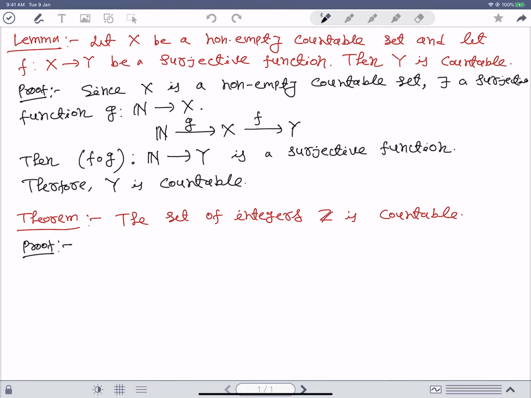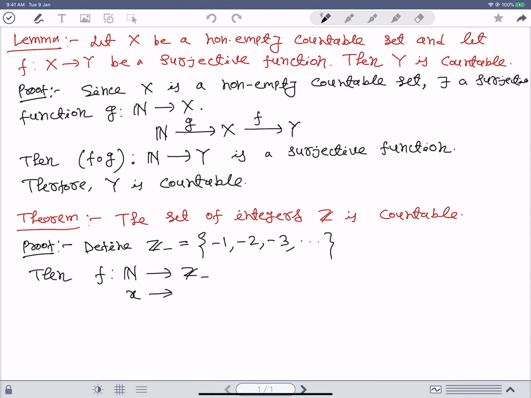So first of all, define Z minus as the set -1, -2, -3 in this way, right? Then if we define a map f from N to Z minus by n going to minus n, it is a bijection, right?